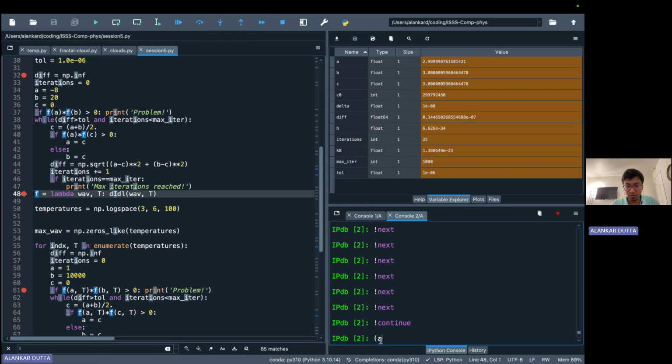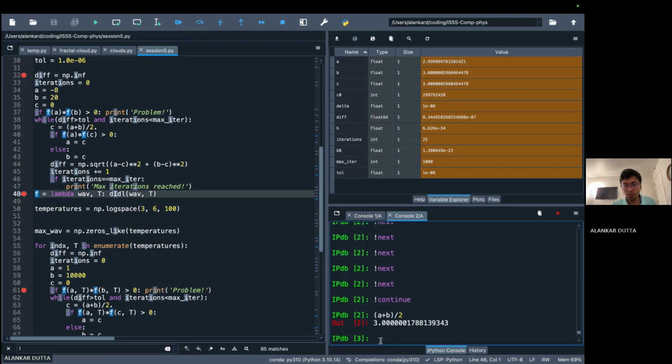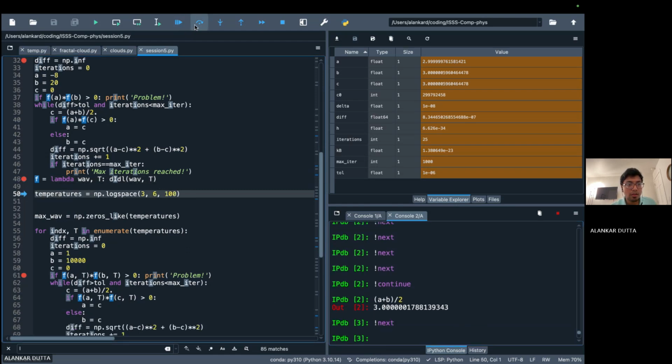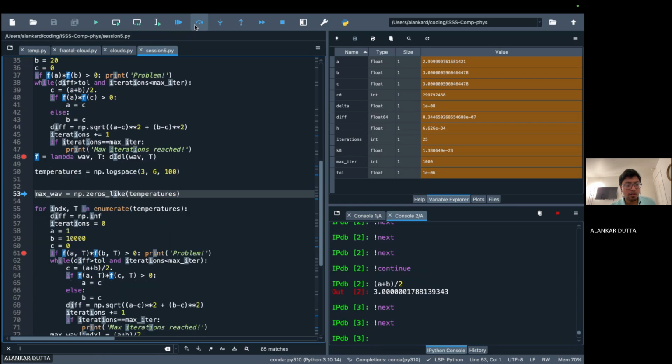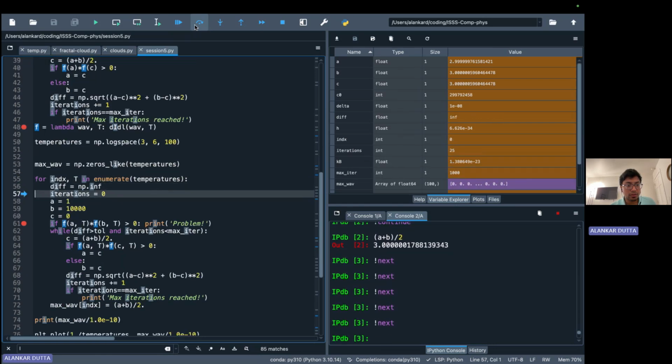So now the solution should be A plus B by 2, which is 3. So this works pretty well. And I don't know why it is not working with this.